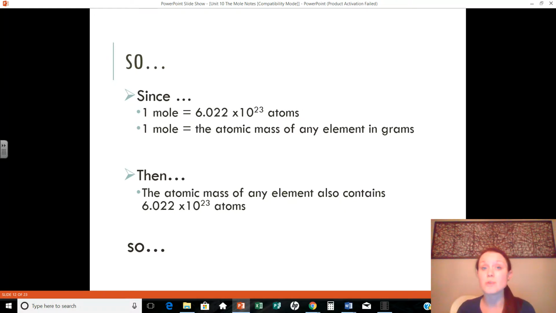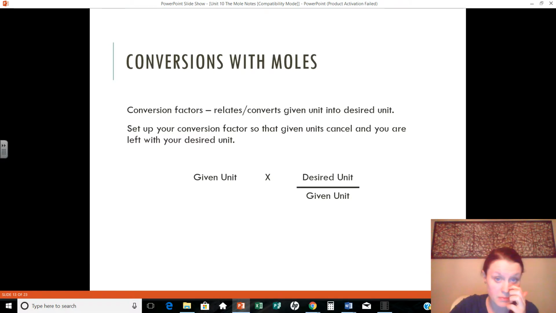A mole is just another unit. So you need to be comfortable converting from moles to grams to atoms and backward and forward, just like first semester you did metric conversions, converting kilometers to meters to centimeters. Moles are just another unit. All right, so conversions.